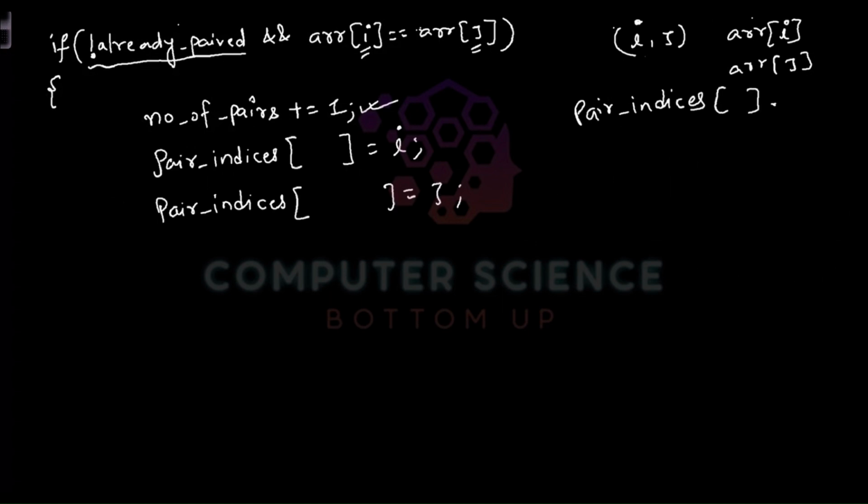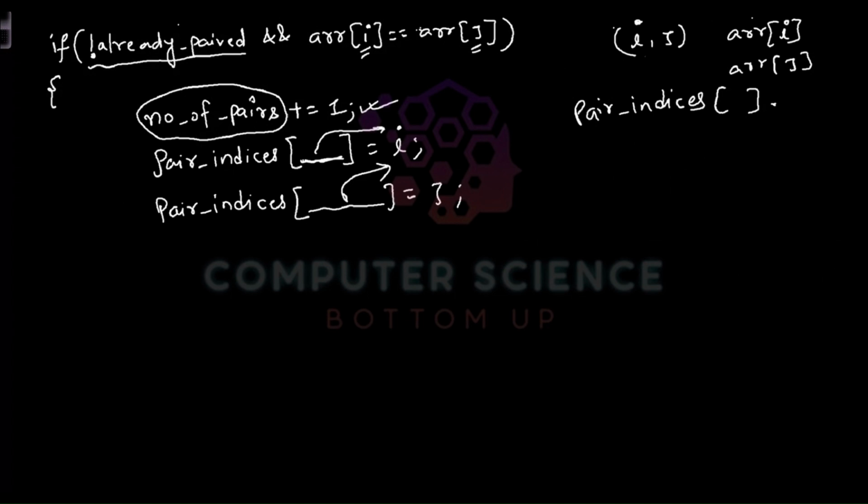Now, what should I fill here? At what index value in the pair indices array should I update it as i, and at what index value should I update it as j? You will get this using number of pairs only. For every match, you will have two indices.